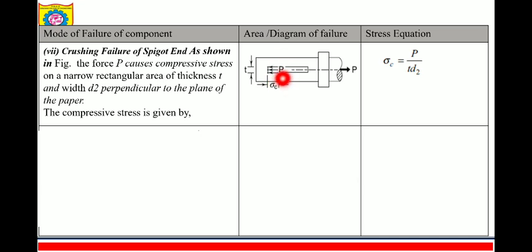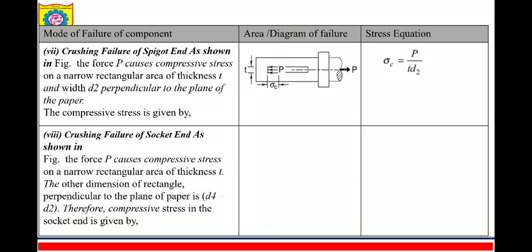That means on this end of the spigot, the spigot is experiencing the crushing failure. So sigma c is equal to P upon t d2, where t into d2 is your crushing area.